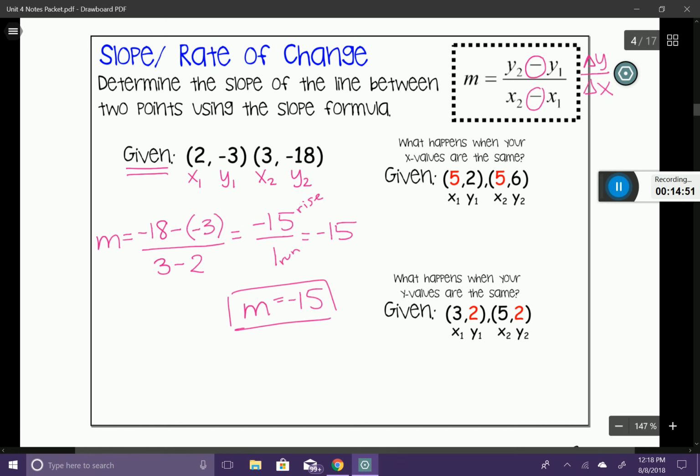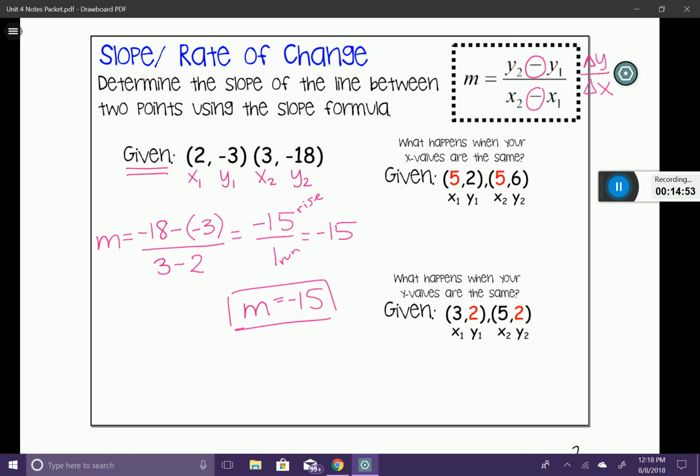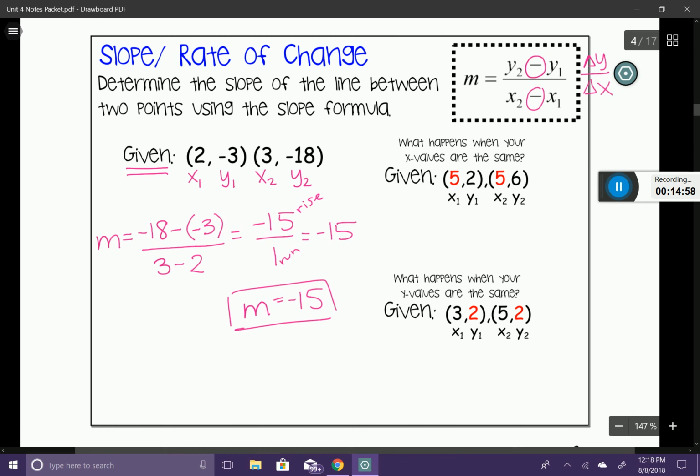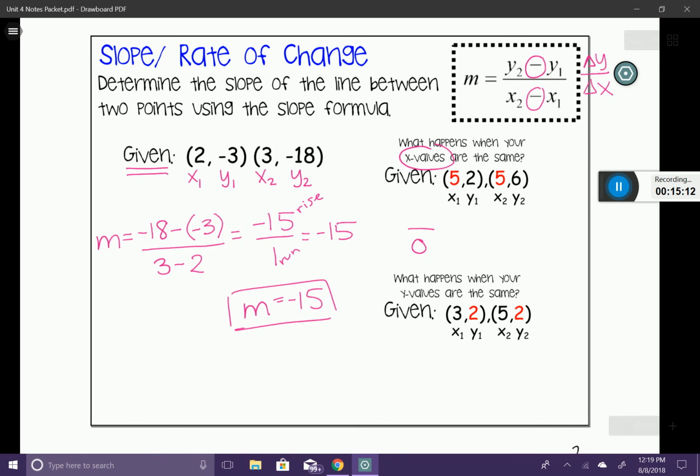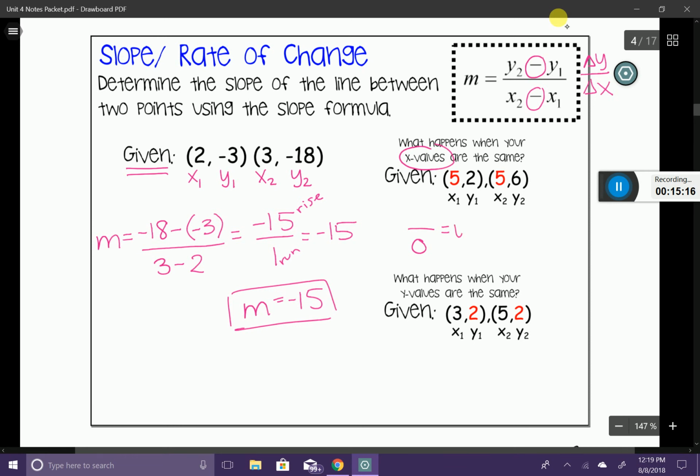All right, now if you think about some situations that could occur, think about this. What happens when your x values are the same? You see in this example, my x values are the same. Isn't that going to give me a situation where my denominator is going to be 0? Because aren't they going to cancel out? Therefore, if you have a denominator of 0, that means you're going to have something that is undefined.